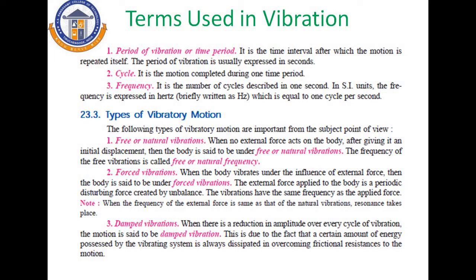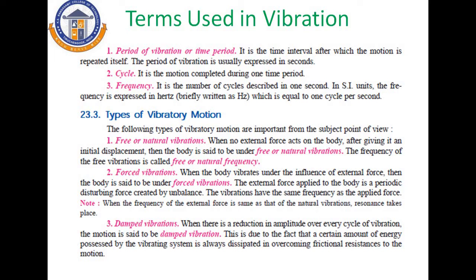Types of motion. There are three types of vibratory motions available. One is free vibration, the second is forced vibration, and the third is damped vibration. Free vibration: when no external force acts on the body after giving an initial displacement, the body is said to be under free or natural vibration.